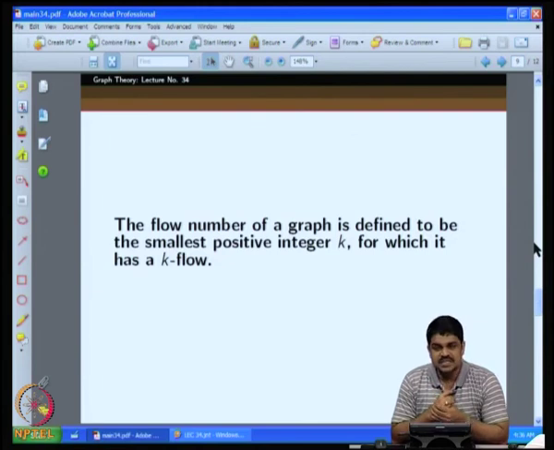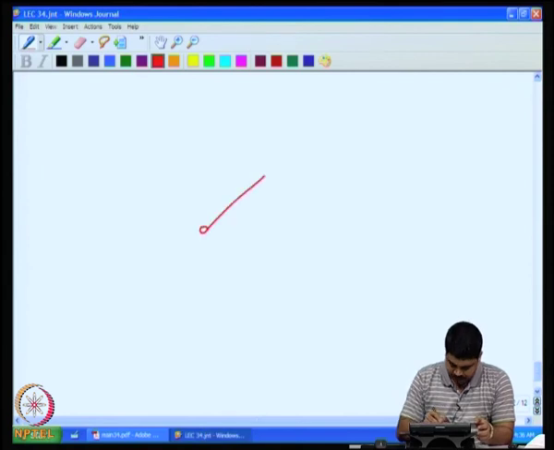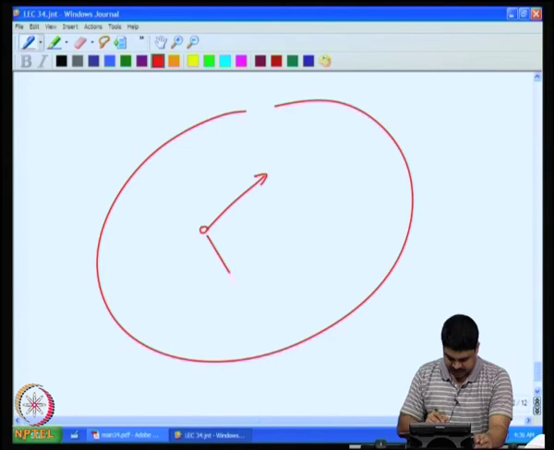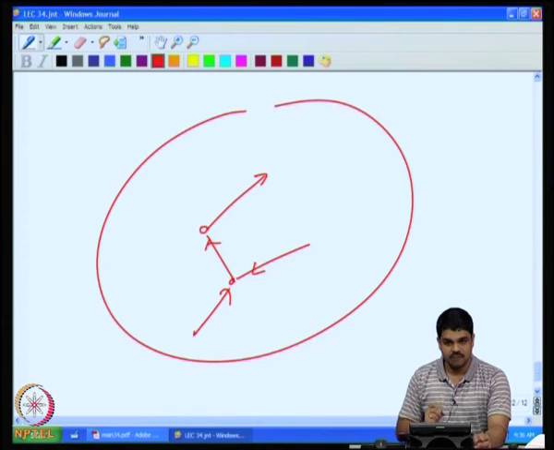Because the orientation does not matter anymore. For example, suppose you have a graph and each edge is given a direction, and there is a k flow. Then we can show that for any different orientation also we have a k flow.